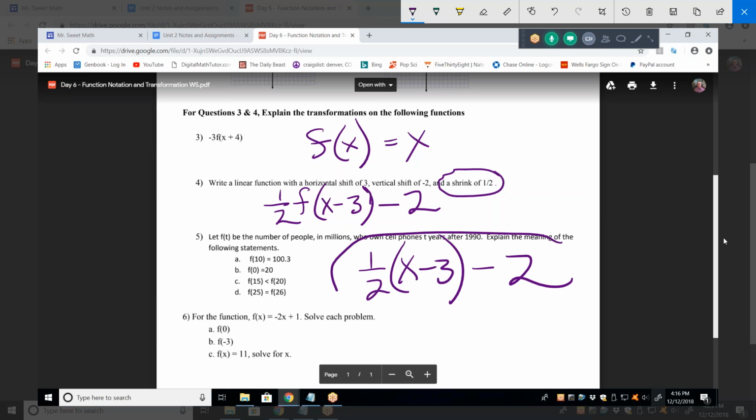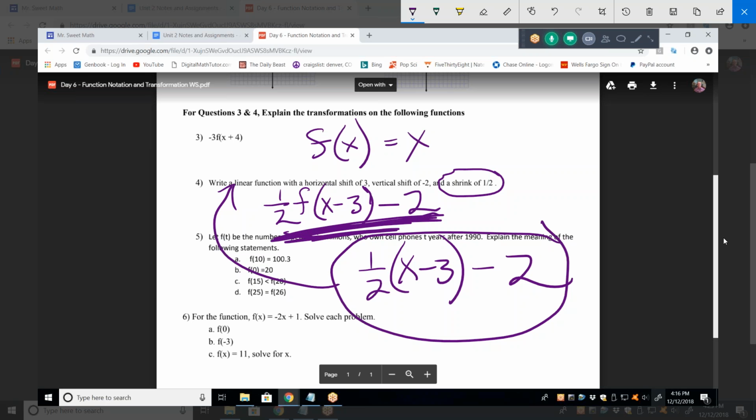So this would answer the question. This also would, I suppose, more generally, using the f of x notation. But this would be a specific function that satisfied all of those things. Okay.